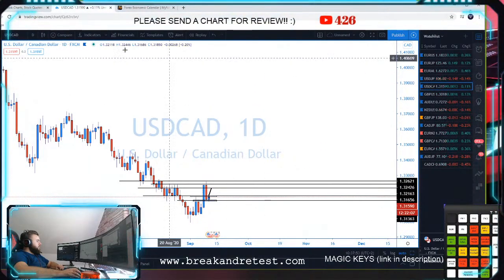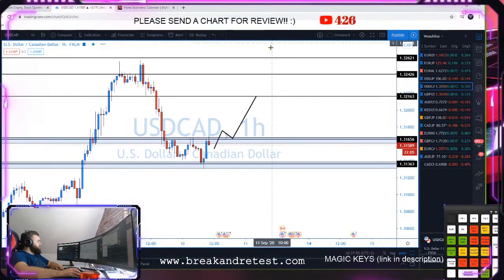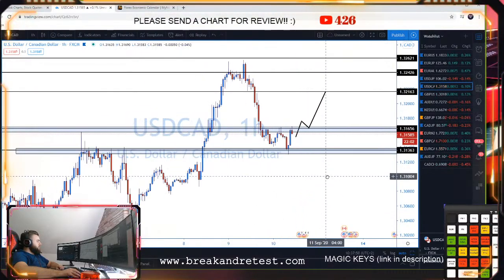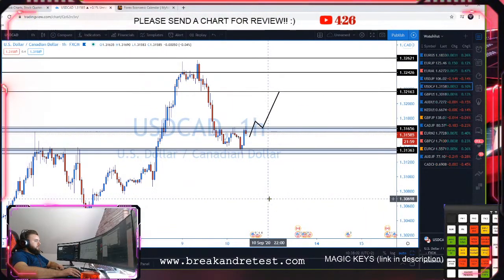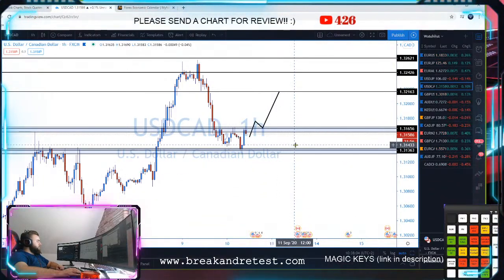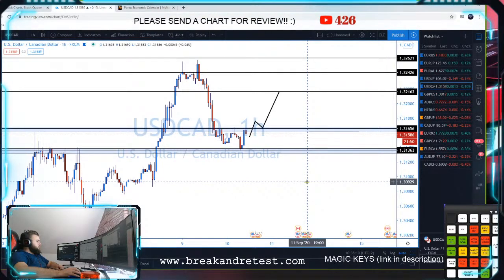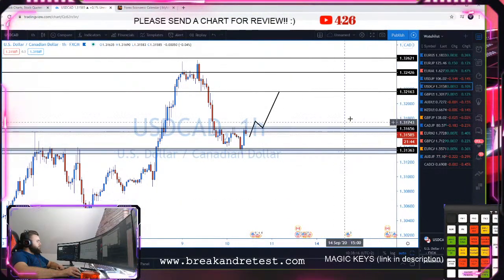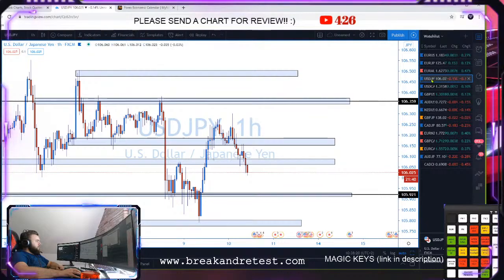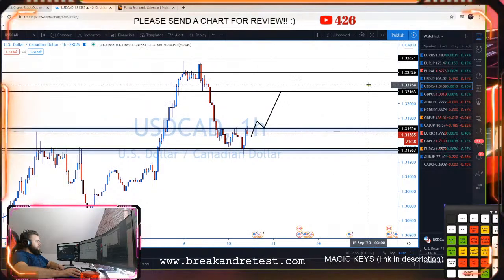All we can do is try to find trades in between because it's been too long. I still think it needs to do a correction to the upside, but who knows? We had this big move 2 days ago, and price went all the way down again, recovered that move.